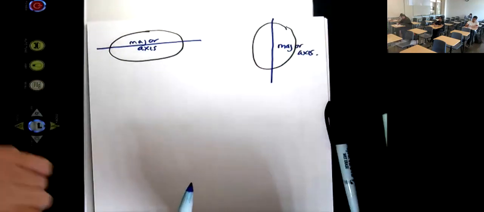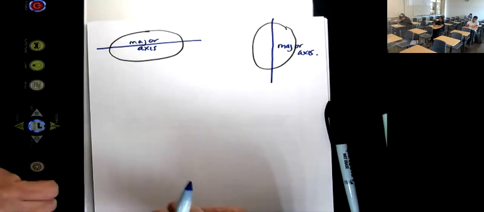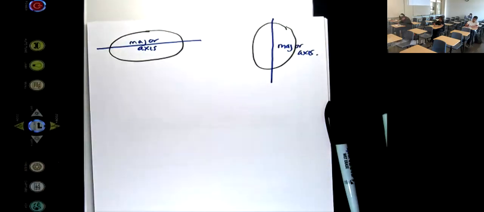I want to say it's vertical or horizontal, but we're not going to do that in this class. If you go far enough in algebra, you can have ellipses that are rotated. In fact, I think you look at them in linear algebra, how to generate an equation for a rotated, diagonal ellipse. We're not going to do that in here.